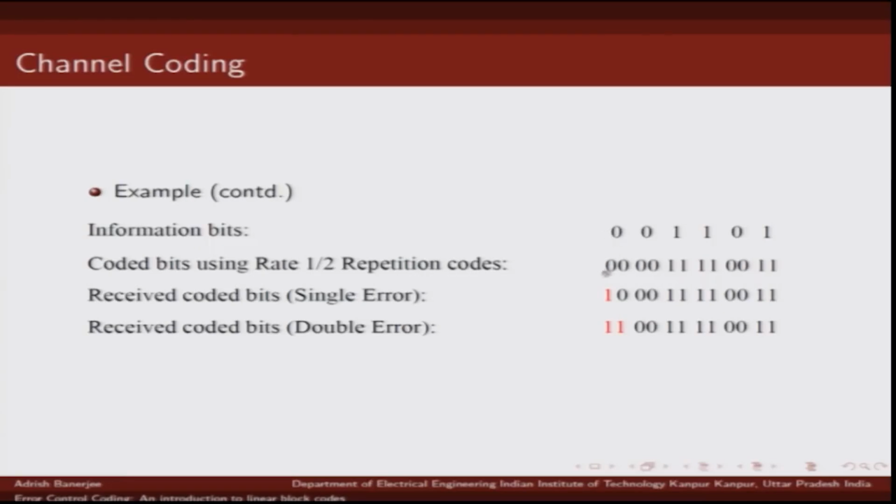For 0 I will transmit 0 0, for the next 0 again 0 0, for 1 I will encode as 1 1, for the next 1 as 1 1, for 0 as 0 0, and for 1 as 1 1. So this will be my coded sequence.